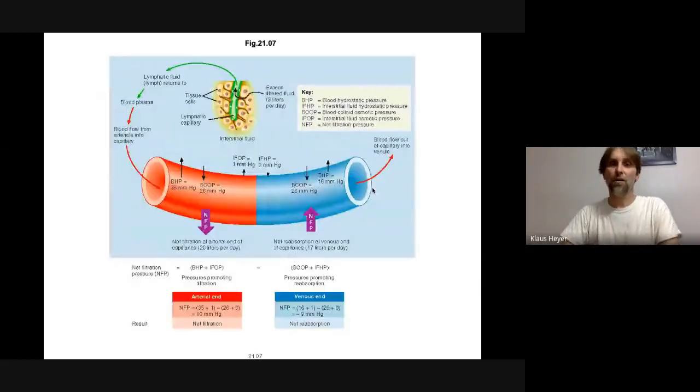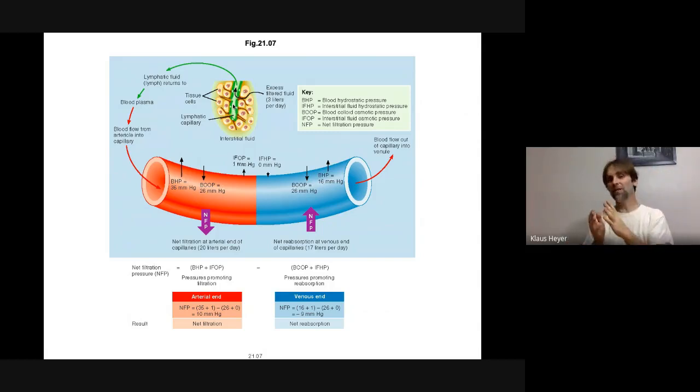I believe the next chapter is talking about the lymphatic system. Up here, they're showing you a lymphatic capillary, because the issue is that you have filtration and reabsorption, but there's more filtration than gets reabsorbed.